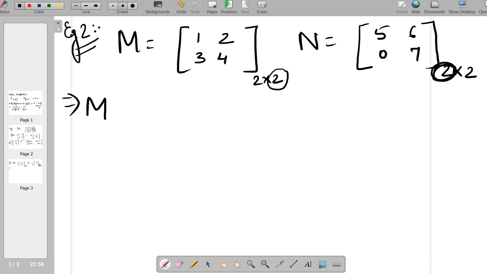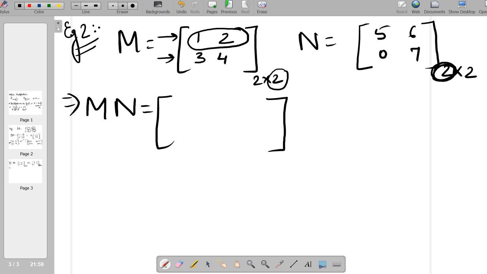Now, MN is equal to. How will you start multiplying? You will take one row. In the case of matrix M, this is row 1, row 2, and this is column 1, this is column 2.